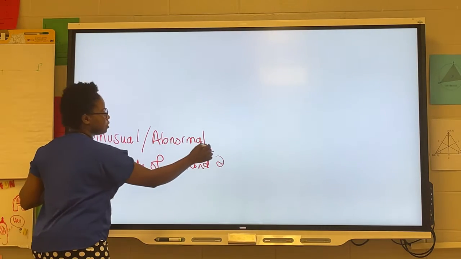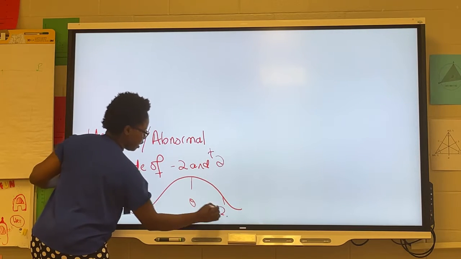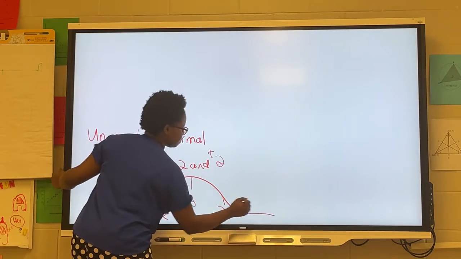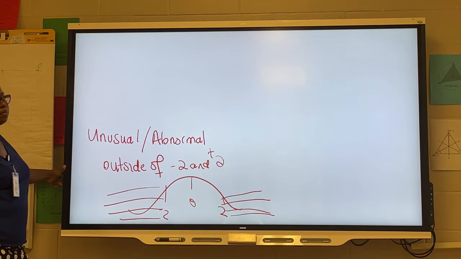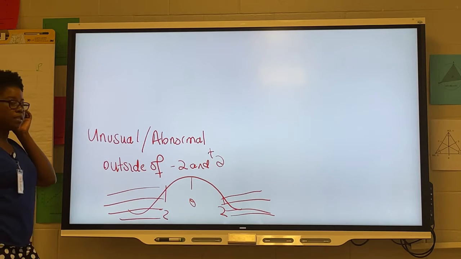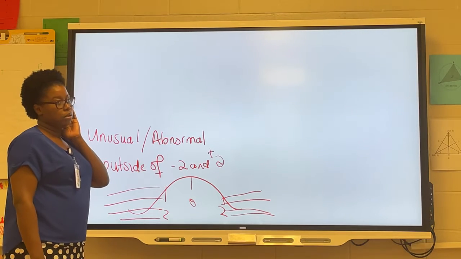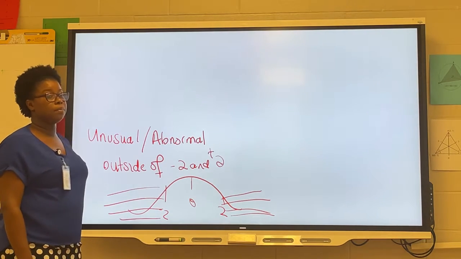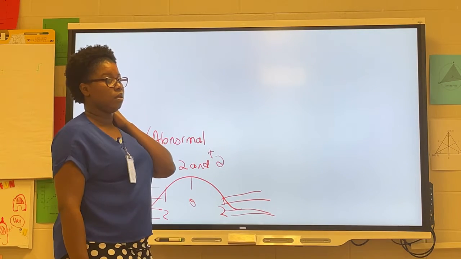So if 2 is right here, -2 is right here, anything that comes out of here is considered to be unusual. So look at the Z-score that is bigger than 2 and/or smaller than -2, and put that for your answer.